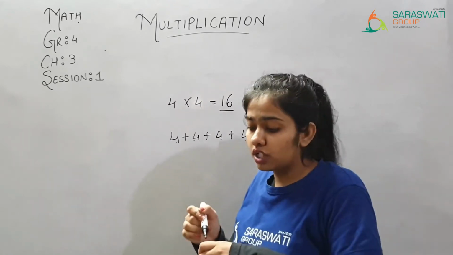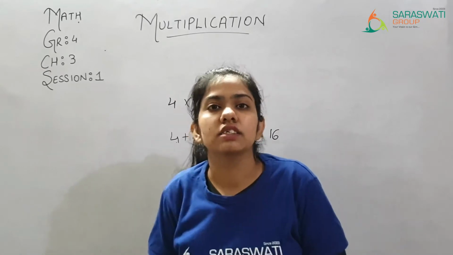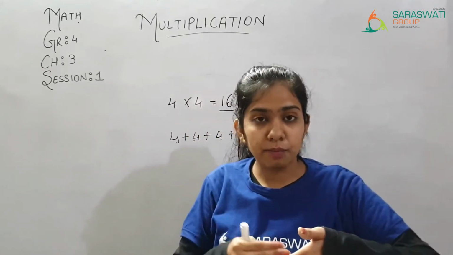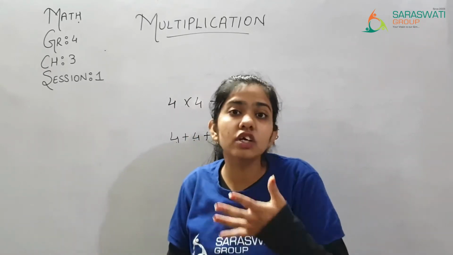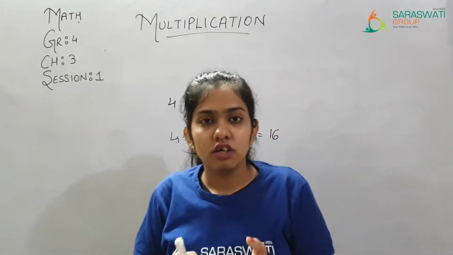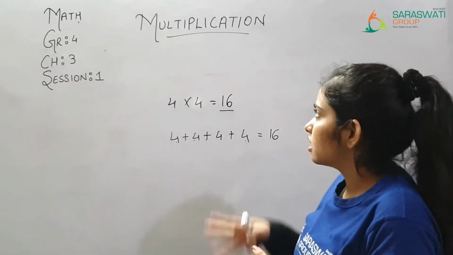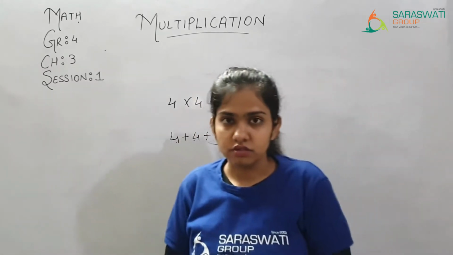So you can say it creates a much bigger process, and it also consumes our time. To reduce our time and to make it very easy, it is necessary to learn multiplication.